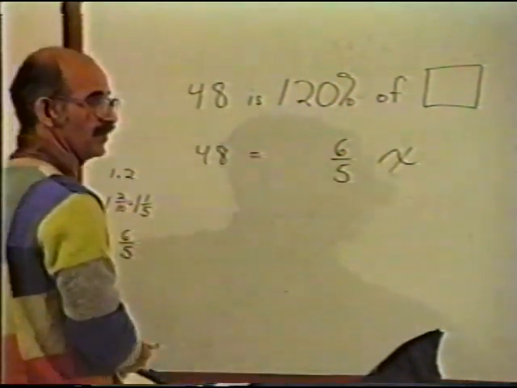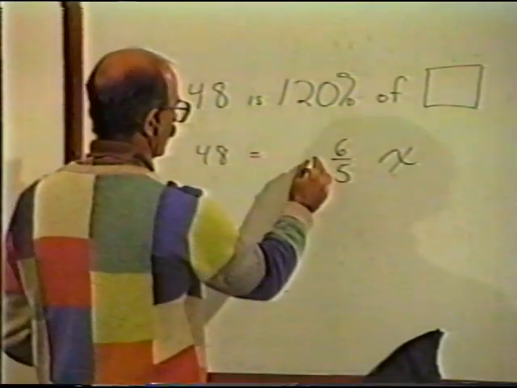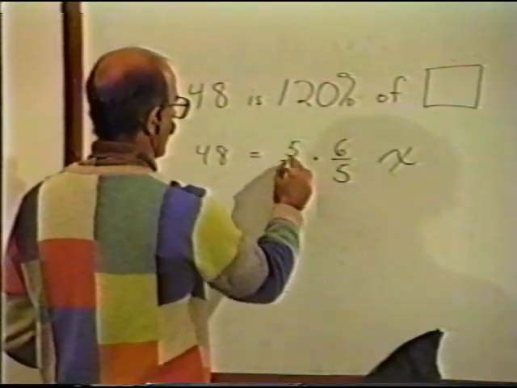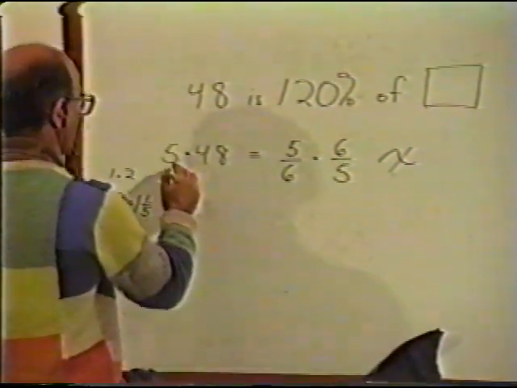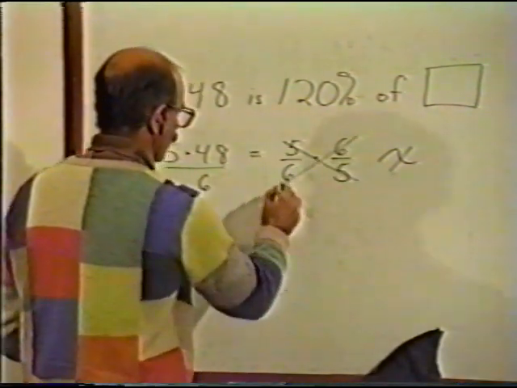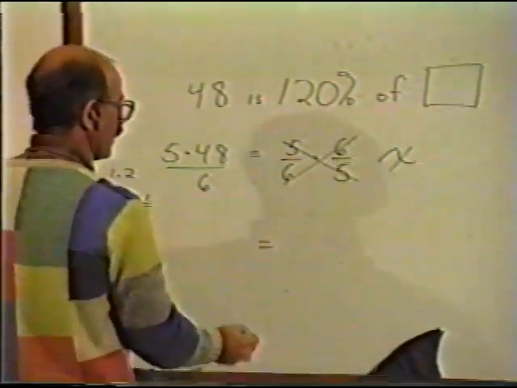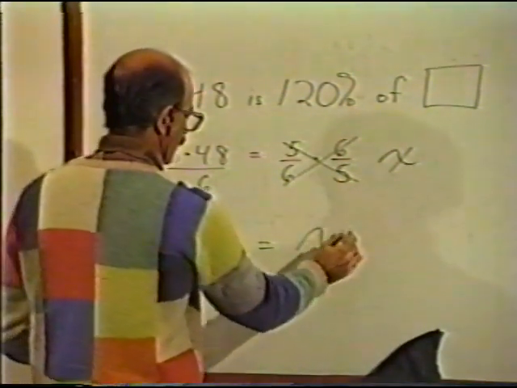Now we need to multiply both sides by the flip-flop, which is 5 sixths. These cancel away, leaving us on this side just plain old x.